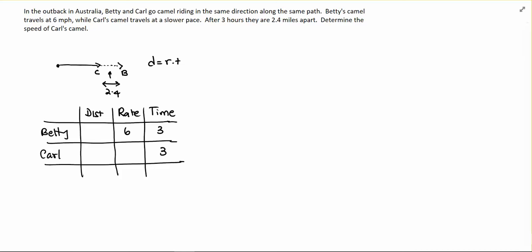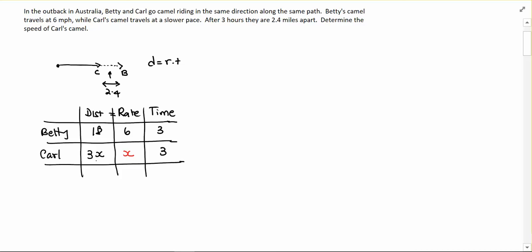We don't get to put 2.4 miles anywhere here because 2.4 is not Betty's distance, and 2.4 is not Carl's distance. However, we can find Betty's distance. It's going to be 3 times 6, so that's 18. And we can write something for Carl, except we don't know his rate, so we'll call it x.